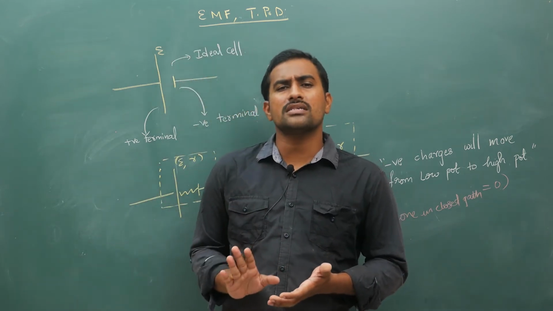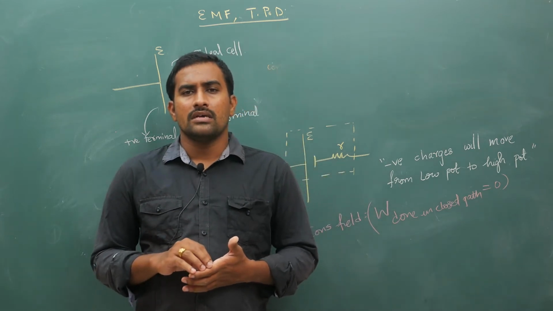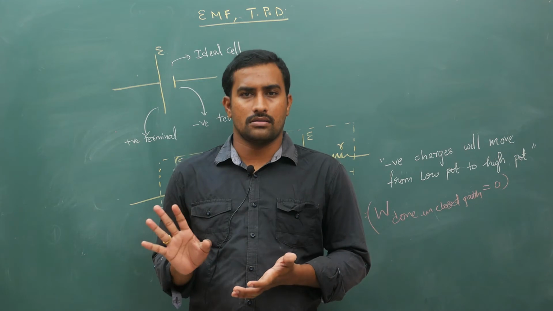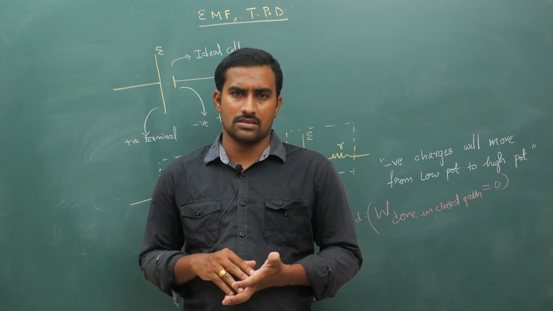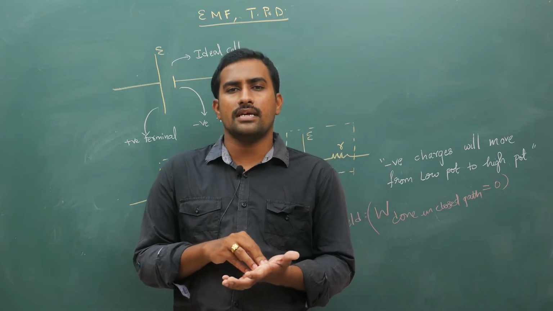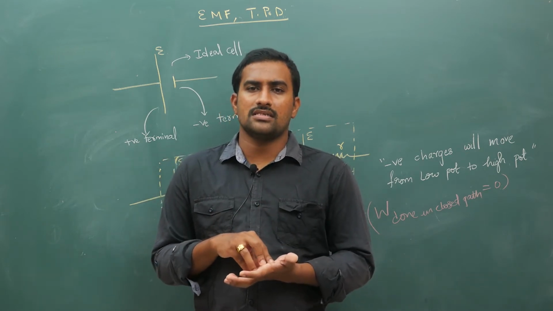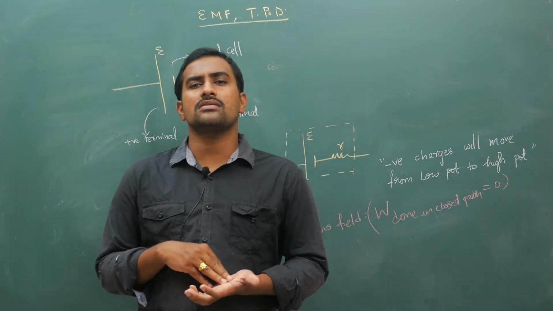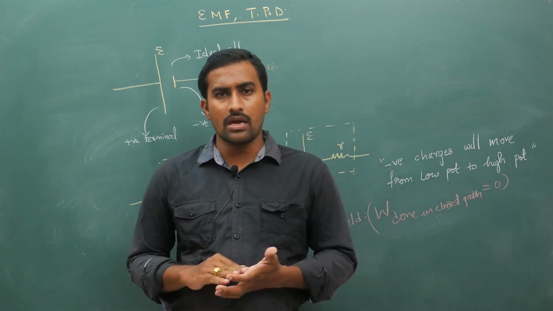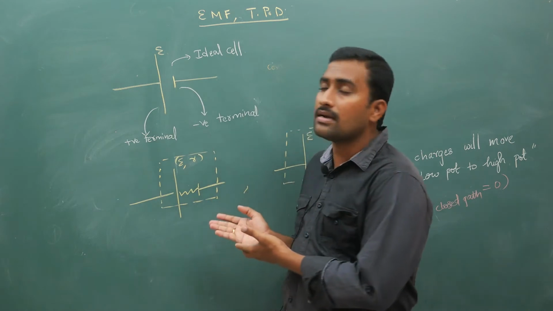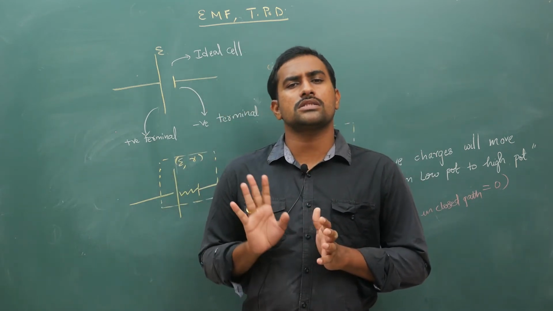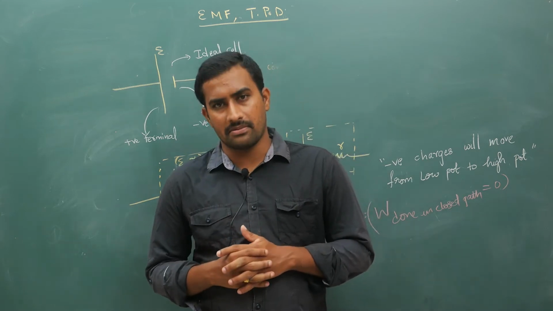To cut short, it converts chemical energy into current, that is electrical energy. The cell's duty is that it will undergo some chemical reactions, provide charge carriers, and those charge carriers will produce current. That is what your cell does, and that cell is represented like this. Right, that is your first point that I want you to keep in mind.